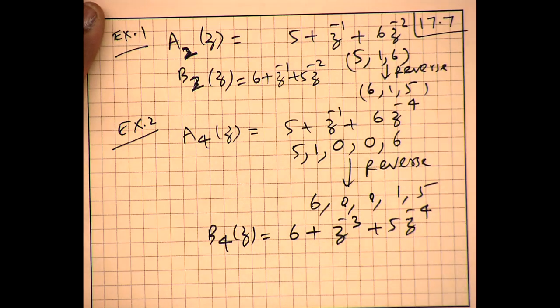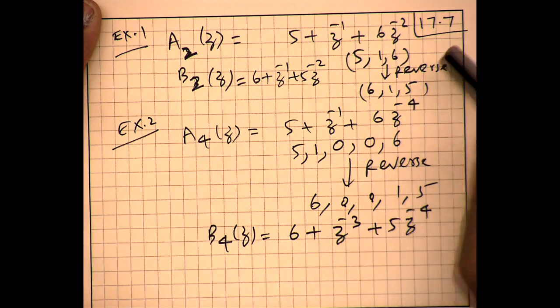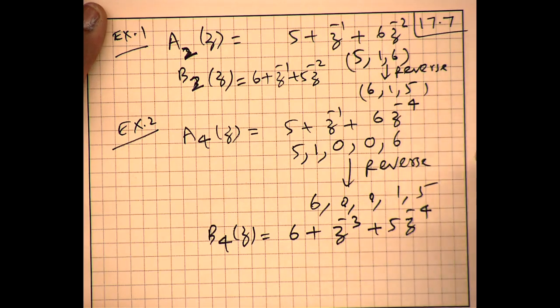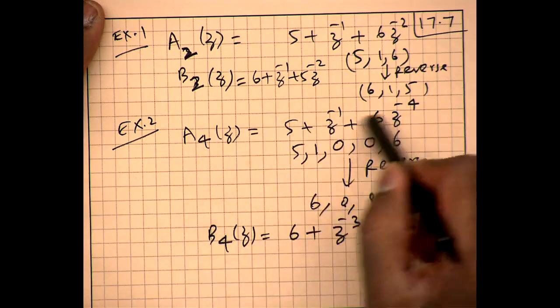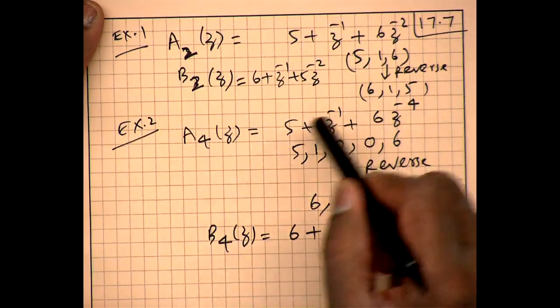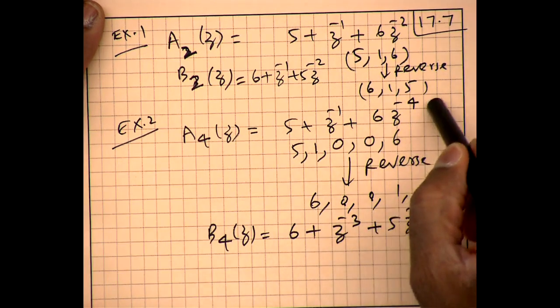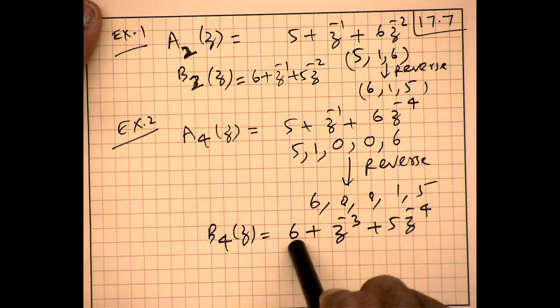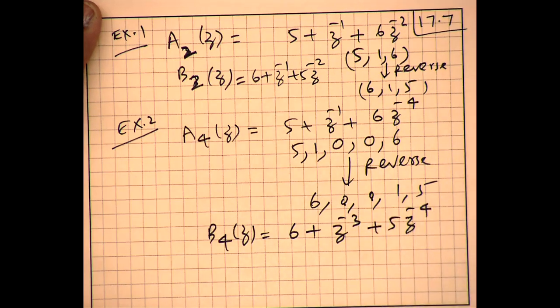So if some coefficients are missing, be careful, because you may be led to believe that B4 is simply reverse these coefficients, then it will be 6 plus z to power minus 1 plus 5z to power minus 4. Instead it's 6 plus z to power minus 3 plus 5z to power minus 4.